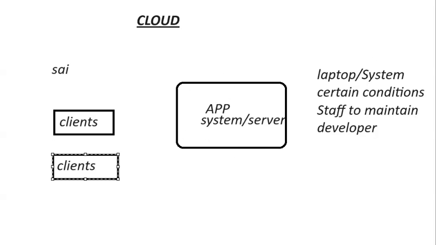What does it lead to, sir? Since many clients are accessing the same application, the application will crash. The application will slow down because many users are accessing it, and its RAM and ROM and the system performance get reduced, right?